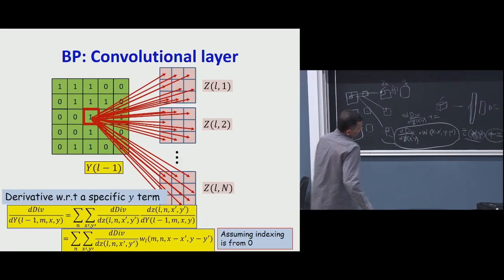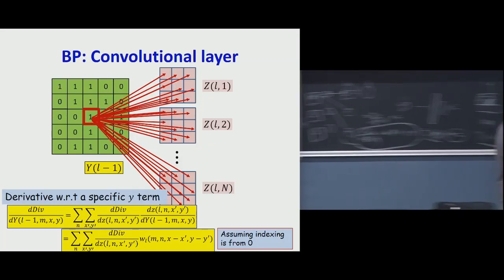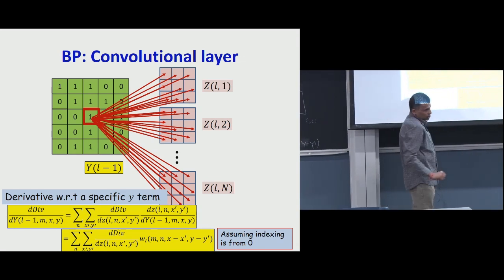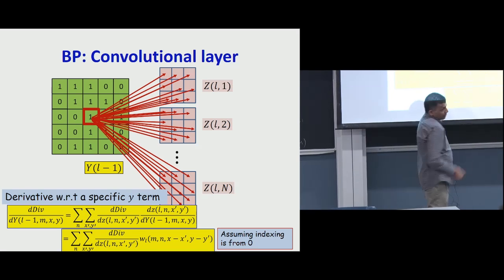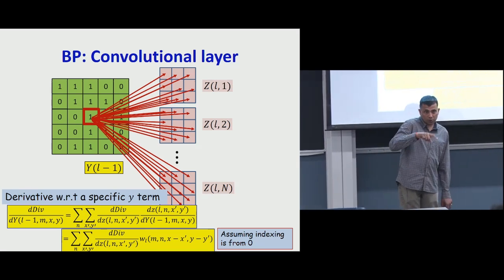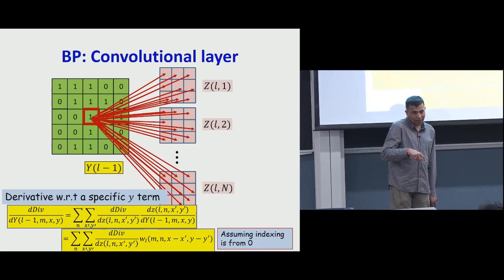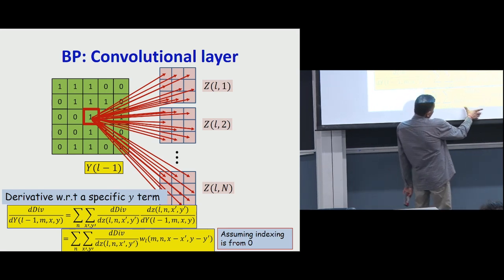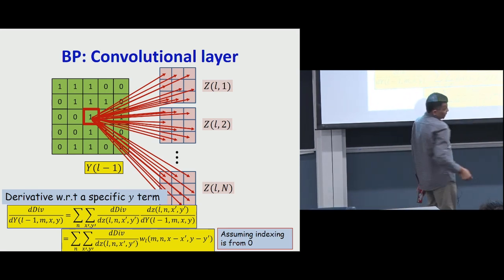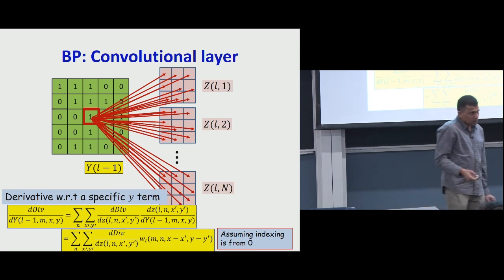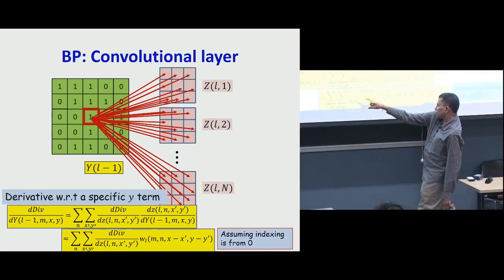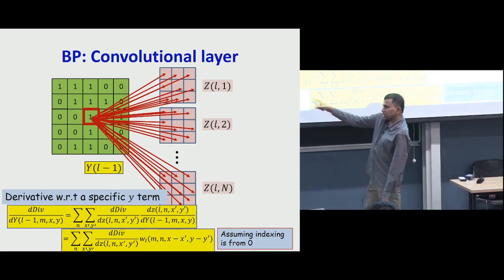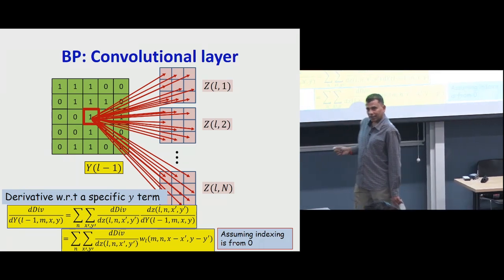So in other words, when I'm computing the derivative with respect to the y at any given xy position, I'm summing over all the maps, I'm summing over all the positions in the map, and there's a product term which is the derivative of the divergence with respect to the z at any position times a weight, where the index of the weight is simply the difference between the index in the y and the index in the z.